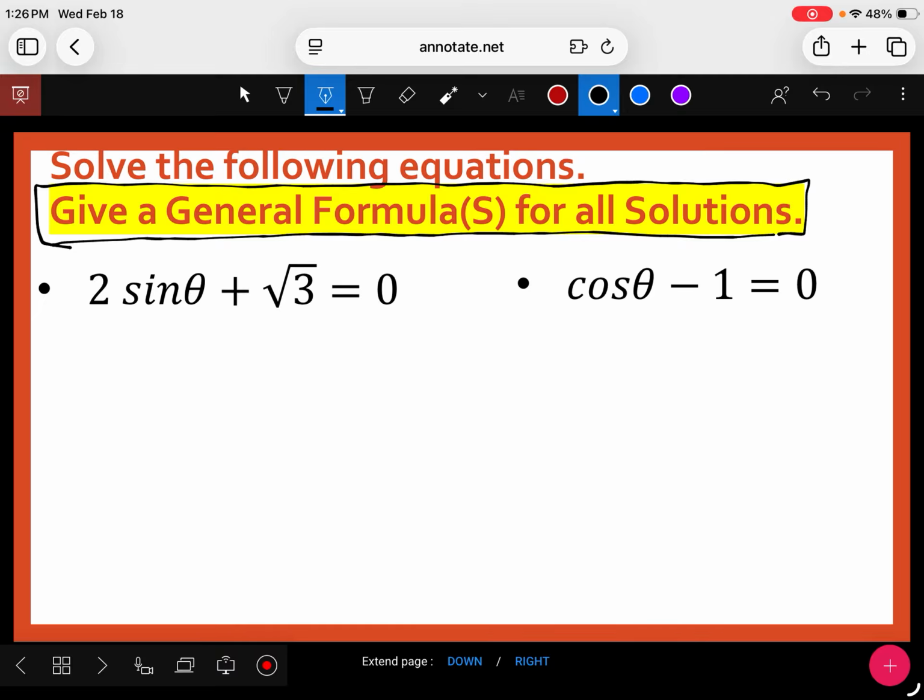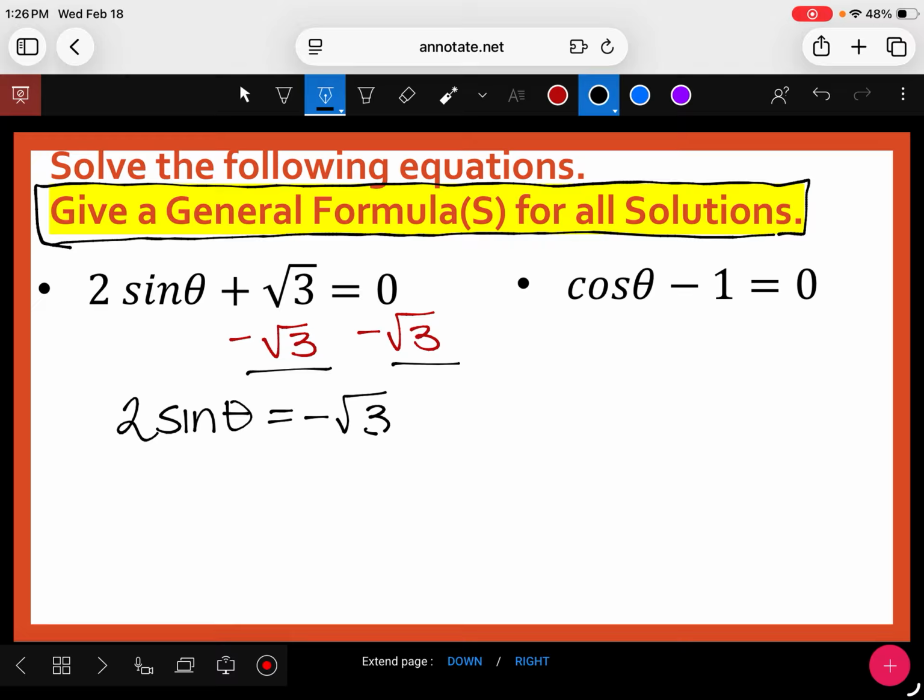First thing you're going to do is subtract. So let's subtract the square root of 3 from both sides. What that gives me is 2 sine theta is negative square root of 3. And then we're dividing both sides by 2.